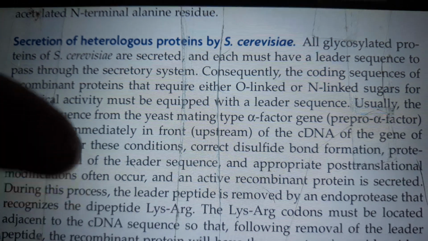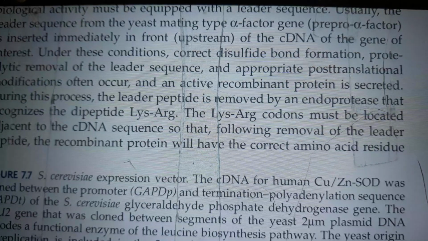Under these conditions, correct disulfide bond formation, proteolytic removal of the leader sequence, and appropriate post-translational modification often occur, and an active recombinant protein is secreted during the process.